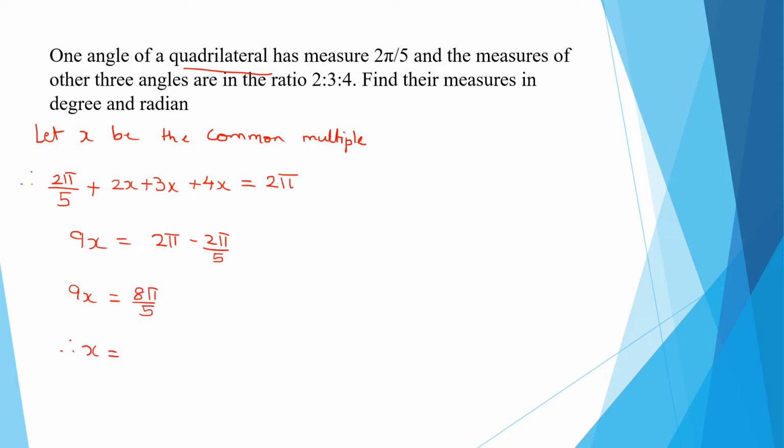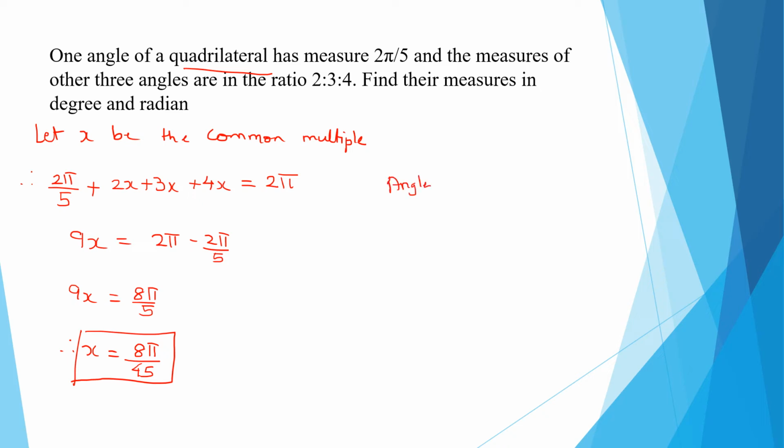Therefore I'll get x as 2 pi minus 2 pi by 5 divided by 9, correct. So I'll get x as somewhat 8 pi by 45. How much? 8 pi by 45. Okay. Now you know x, so you can find the angles.